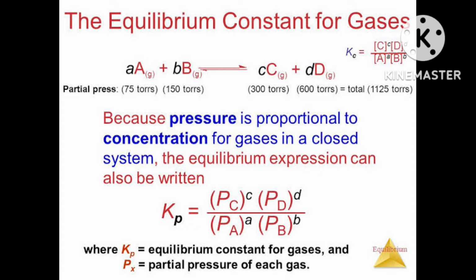This ratio, K1 upon K2 or its reciprocal, is K, the equilibrium constant. K is equal to concentration of C into concentration of D divided by concentration of A into concentration of B. I already discussed this in the last class.